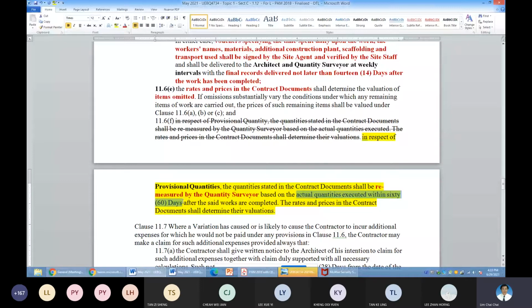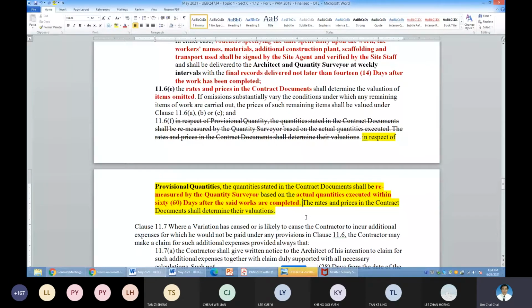Do you know why this is so? It is because previously, under your PAM 2006, without the 60 days, the QS would sit in the office, although the work is completed, and still not want to pay the contractor. And the contractor cannot do anything.